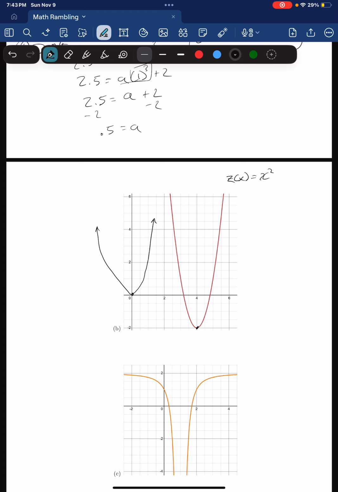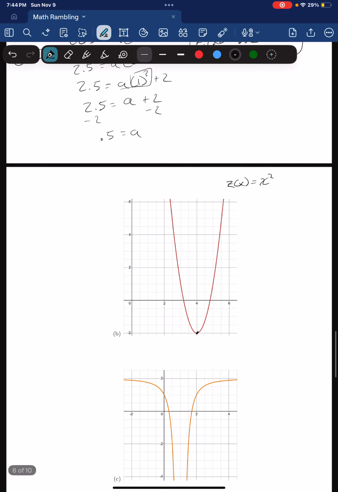So let's find where our vertex is now. Our vertex has moved to the right 4, and it's moved down by 2. So I know we move right 4, down 2.